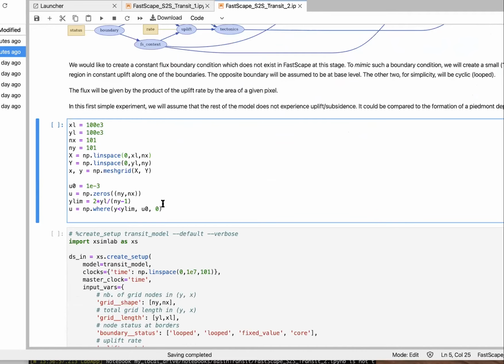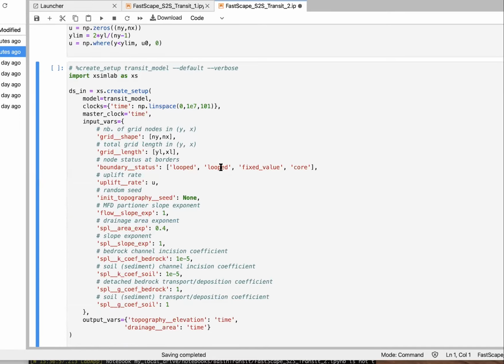So this is what I'm doing here. I'm going to feed this uplift rate to FastScape. We've used these boundary conditions, looped, to have a cyclic boundary, one closed boundary. The closed boundary is where the flux will be coming from, and the fixed boundary is where the flux goes out.